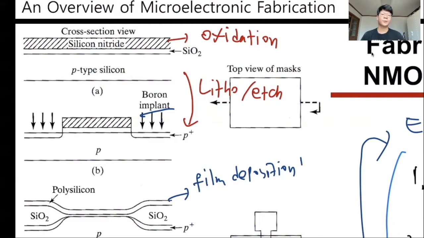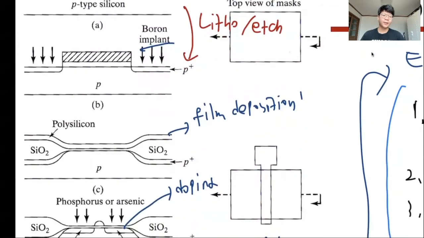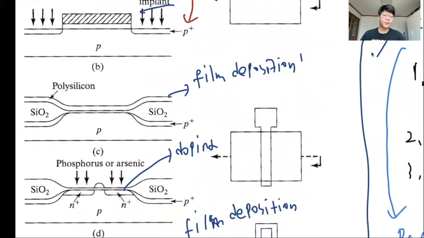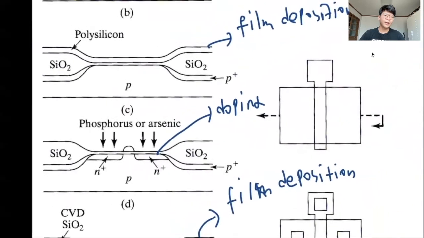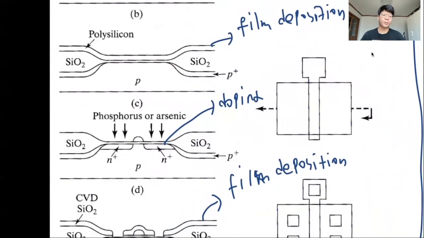After lithography and etching, we dope with dopants like N-type or P-type. After that, we deposit polysilicon or metal. We call this film deposition. After that, we etch the edges and make the gate.